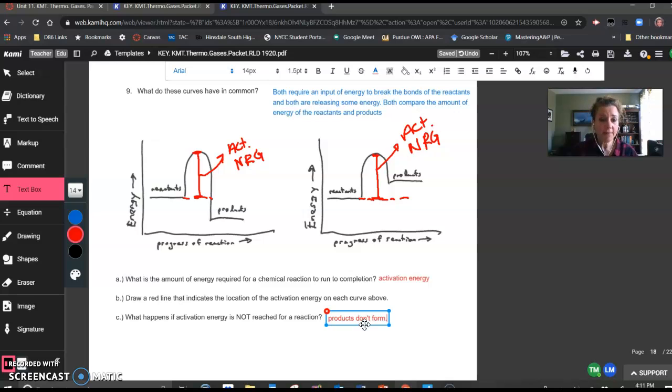You don't have enough energy to cause molecules to collide with each other with enough force, and therefore you don't have the energy required to even start making the products. So if activation energy is not met, then you don't get your products.